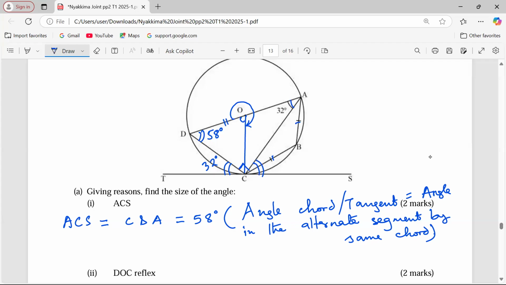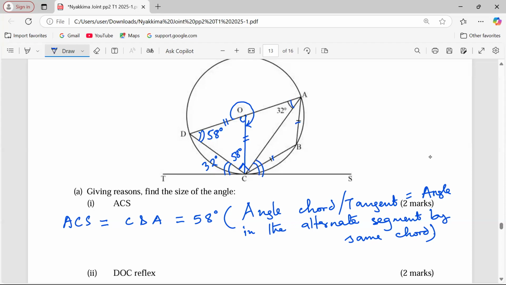DO and OC are both radii of the circle, which means this portion of the angle is also 58. So we will have DOC as an isosceles triangle, making the base angles equal.